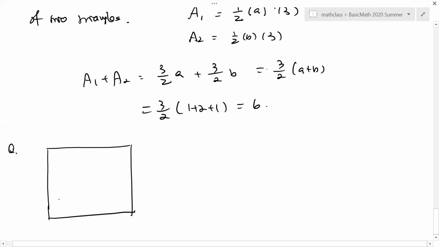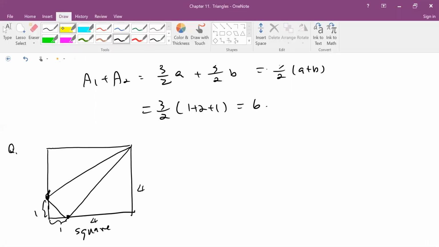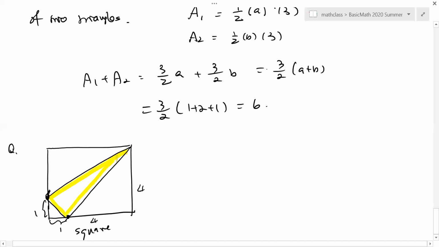Let's try again. I'm going to look at this. This is a square. Okay, it's a 4 by 4 square. So what I'm going to do is I pick up a point, 1, 1. I connected it. Okay, what is the area of this? This is an isosceles triangle, right? What is the area of this isosceles triangle? Yeah, please find out.